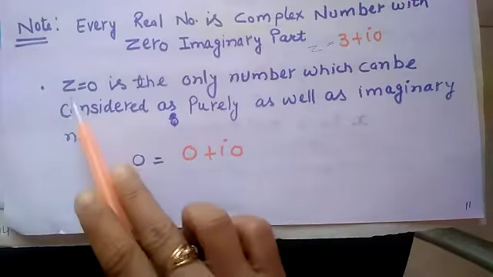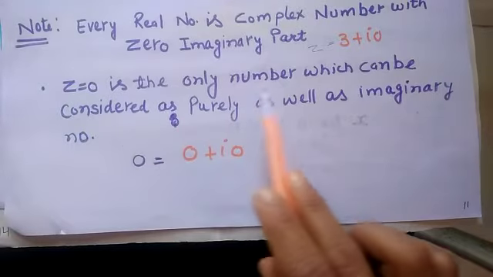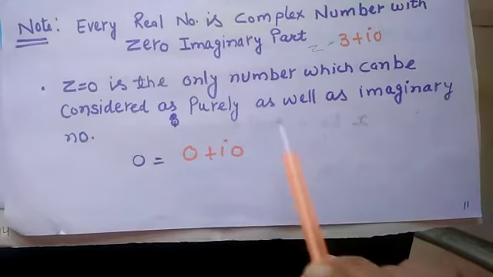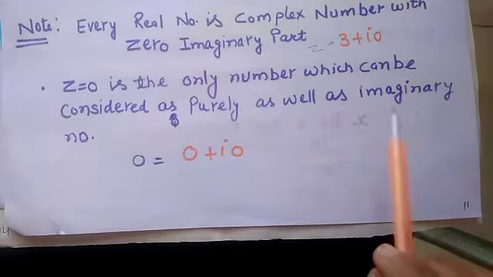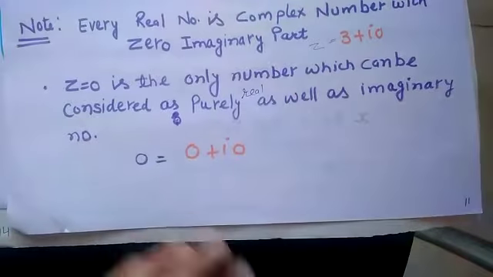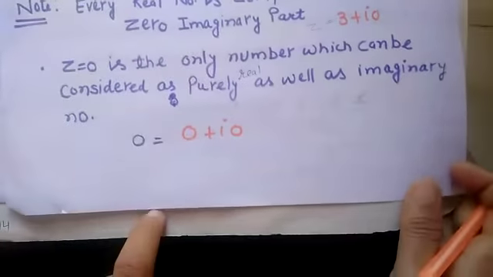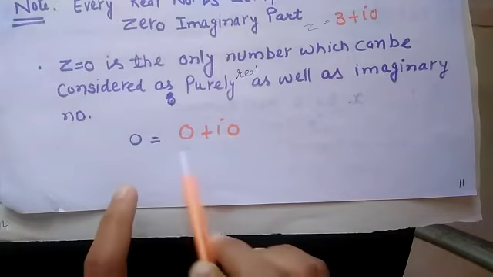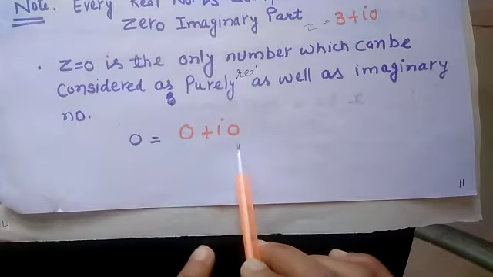Next is z. 0 is the only number which can be considered as both purely real as well as imaginary. So consider 0 is equal to 0 plus iota 0. I can write 0 like this.